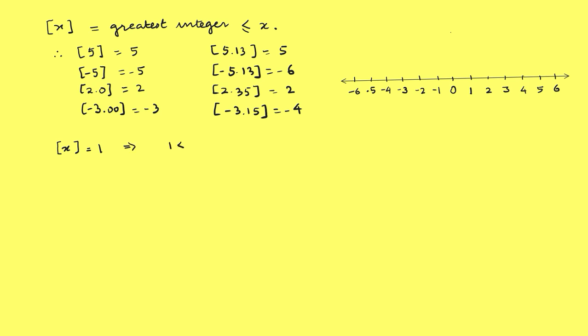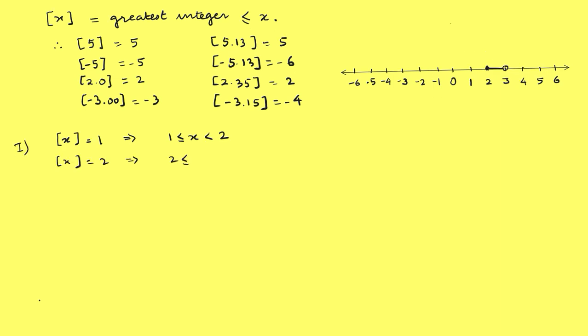Now, secondly, if we are given greatest integer x is equal to 1, we should be able to get the answers for x. That is, it will be the interval closed 1 to 2 open, that is 1 less than or equal to x less than 2. This is the solution to the equation greatest integer x equal to 1. You can see it on the number line also as shown here.